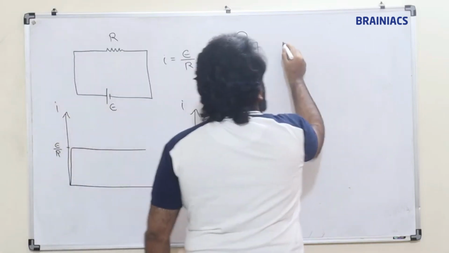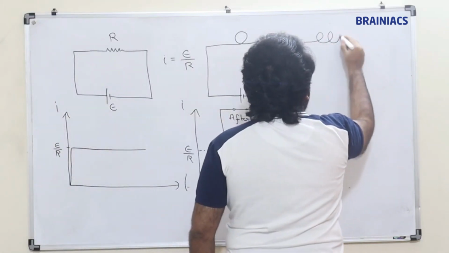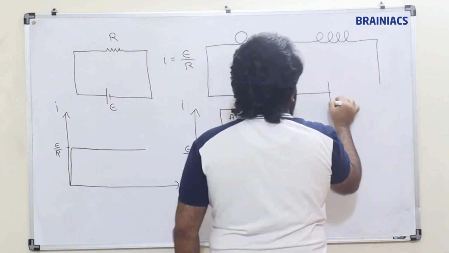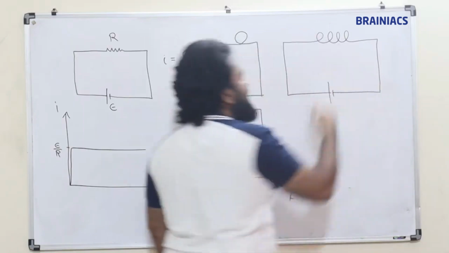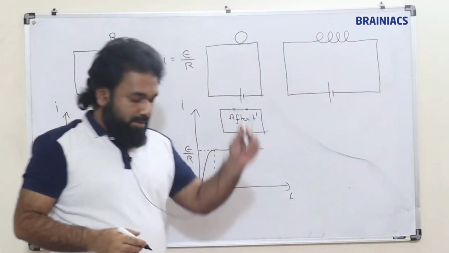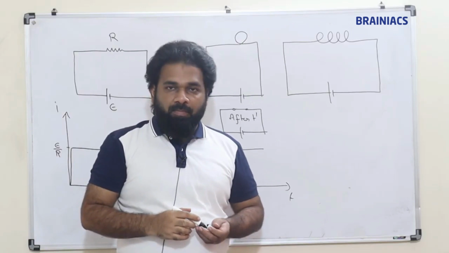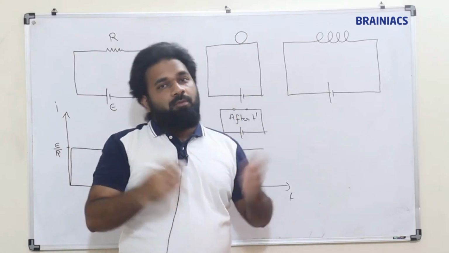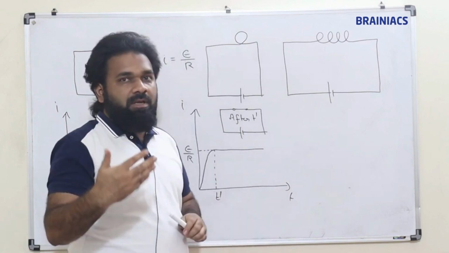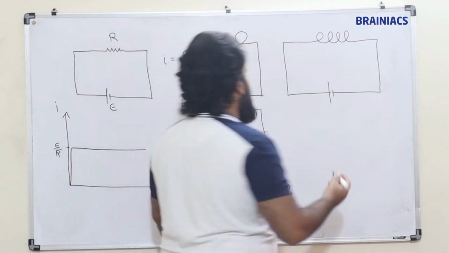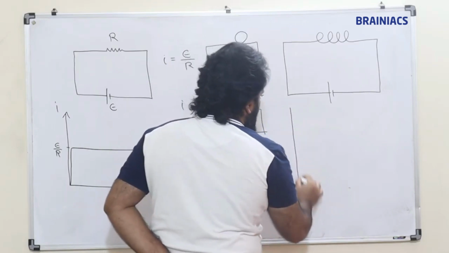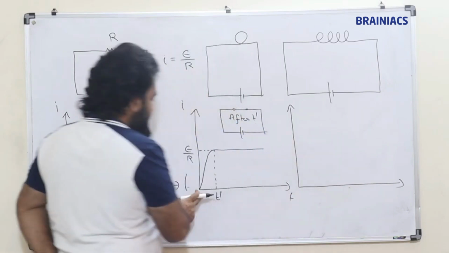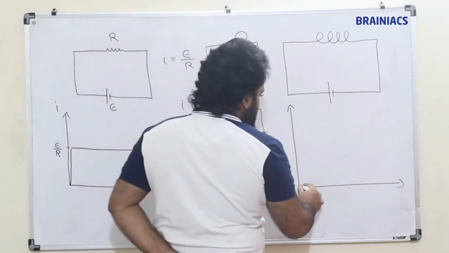Suppose I put more coils, 1, 2, 3, 4, some number of turns. When I add more turns, what will happen? The flux also will increase, so the change in flux will increase accordingly. So the EMF also will increase, meaning the induced or opposing EMF will increase. If you draw a graph, how much time has this taken?